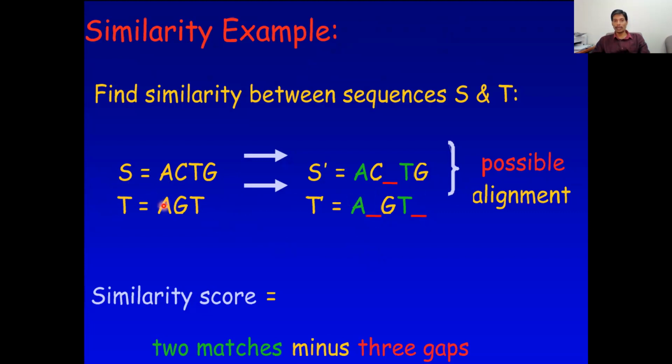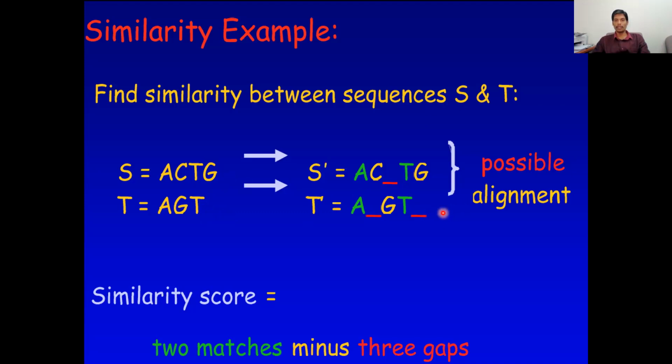What is that? A to A, and C is not having any partner here, so put the gap, that is the deletion. And G is also not having any pair in the S sequence, that means put a deletion. And T matches with T, there is a pair, and the G is not having any pair, put the deletion.